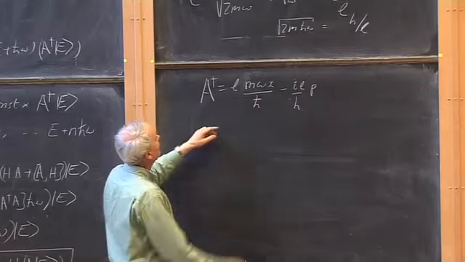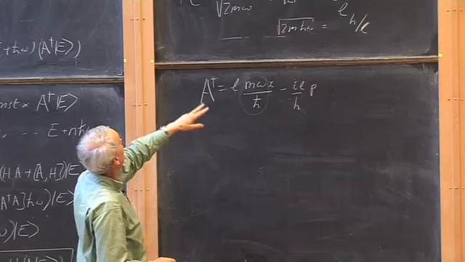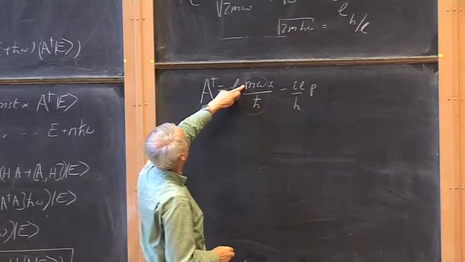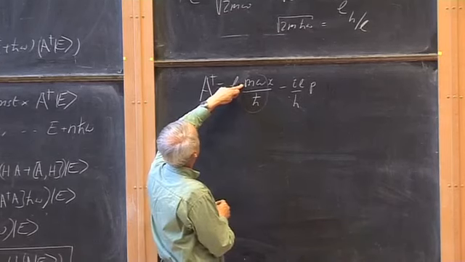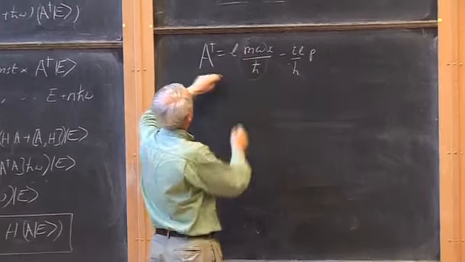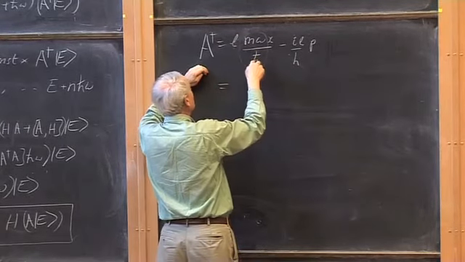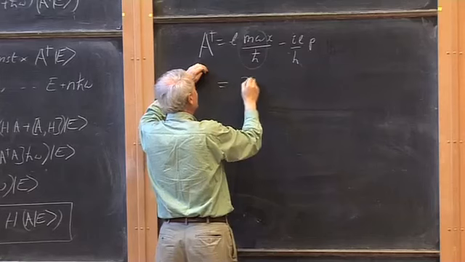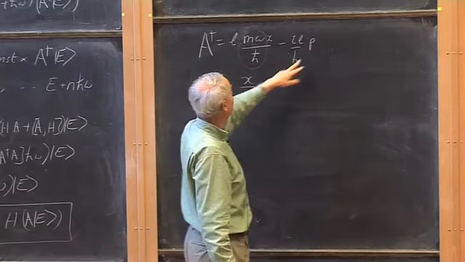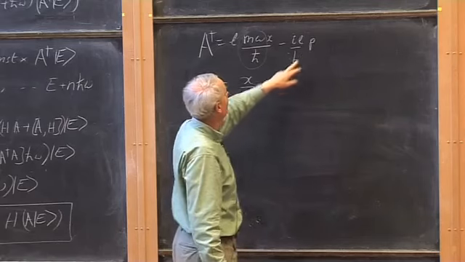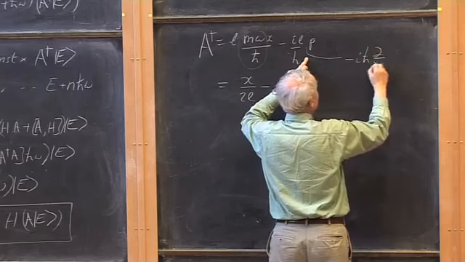This stuff is looking remarkably like L all over again. If I multiply this by 2 on the top and 2 on the bottom, then this would become 1 over L squared, the L squared would cancel, and I would have x over 2L minus, now let's put this into the position representation. In the position representation, p is minus iħ d by dx.